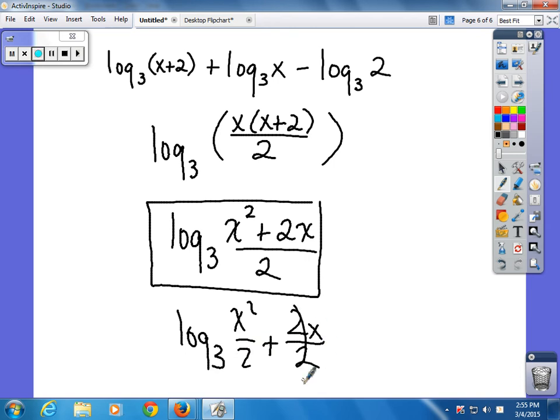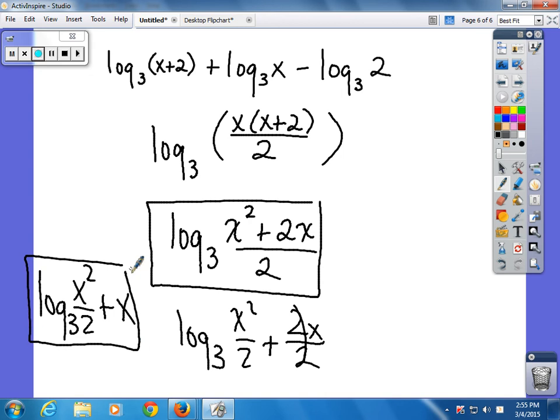And then that would give you log base 3 of x squared over 2 plus x. But you can't just cancel the 2's right there because of that plus symbol. That plus symbol prohibits you from doing that because these two are joined. But you could do that and break it up with this.